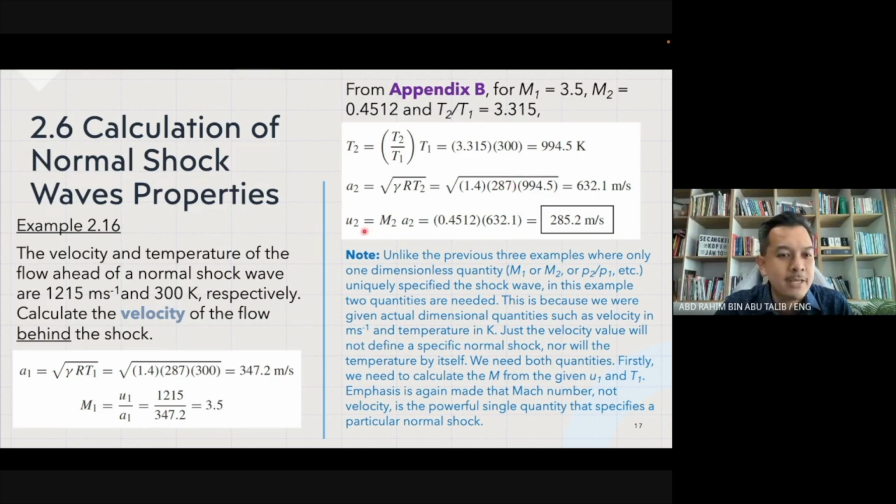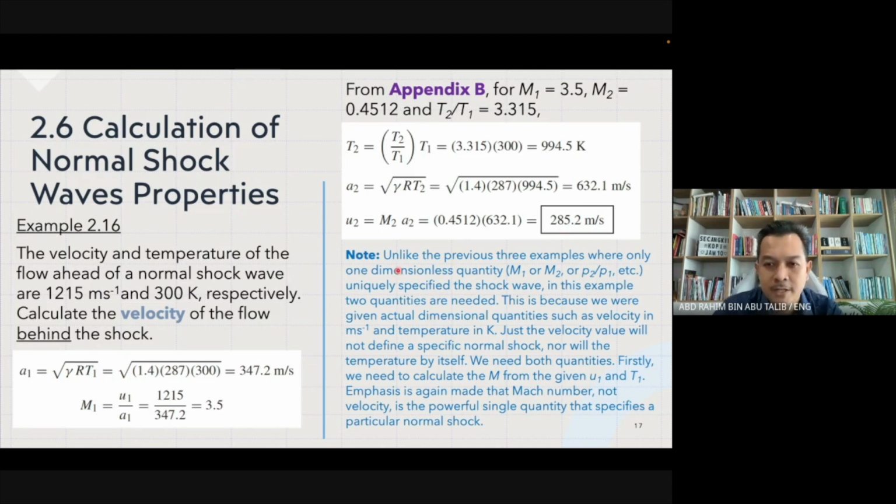Finally, you will get the velocity U2, M2 is 0.4512 times the speed of sound at station 2, to be 285.2 meter per second. All right.